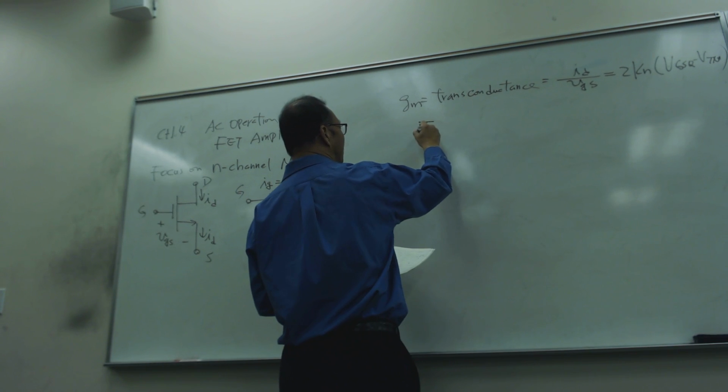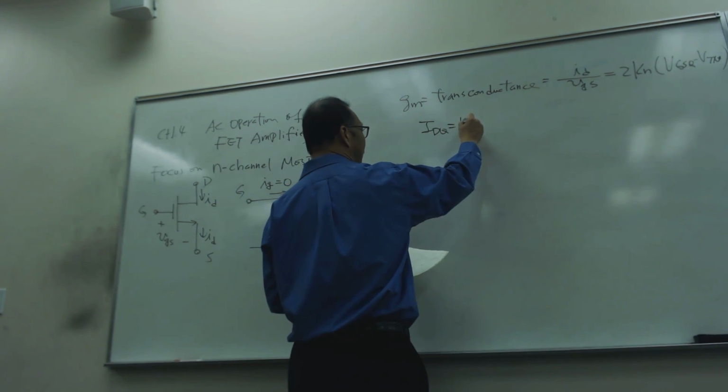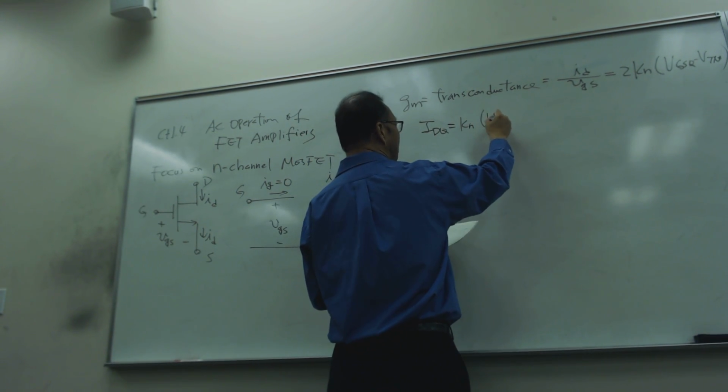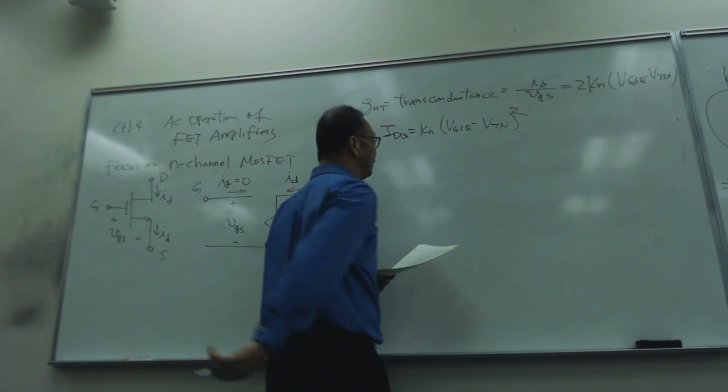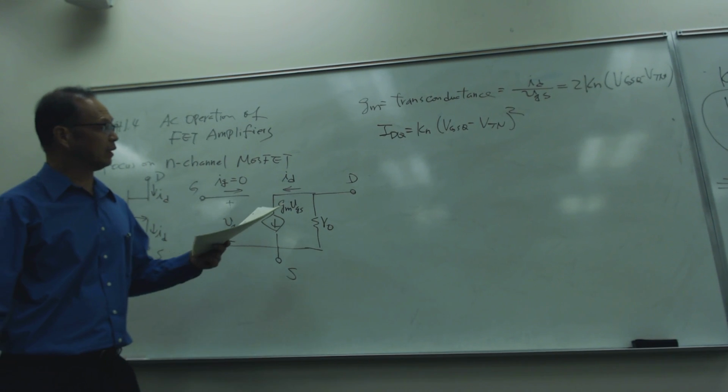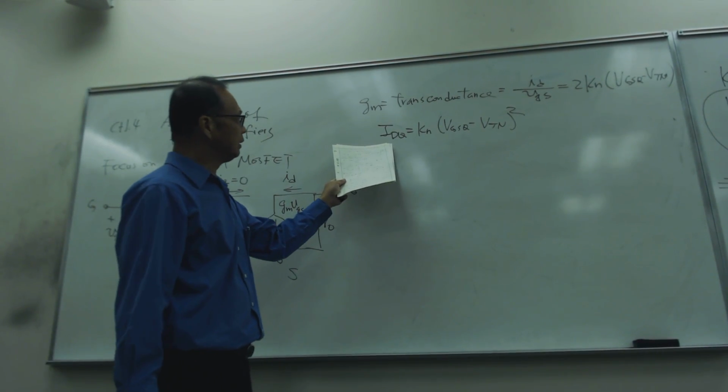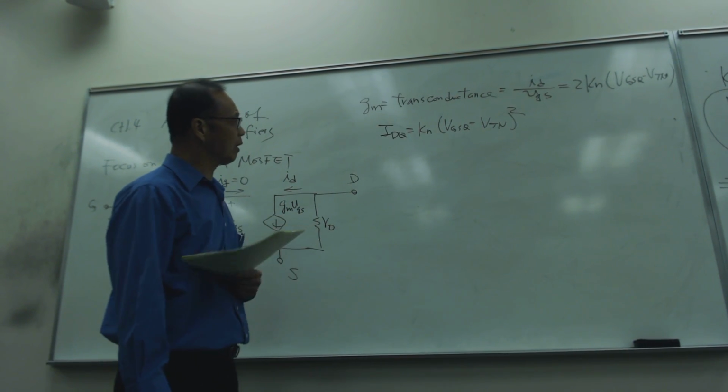And also we know I_DQ equals K_n times (V_GSQ minus V_TN) squared, right? That is the drain current under the saturation operation.